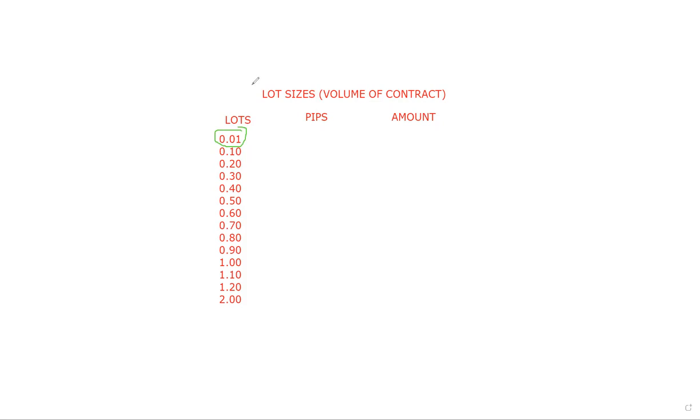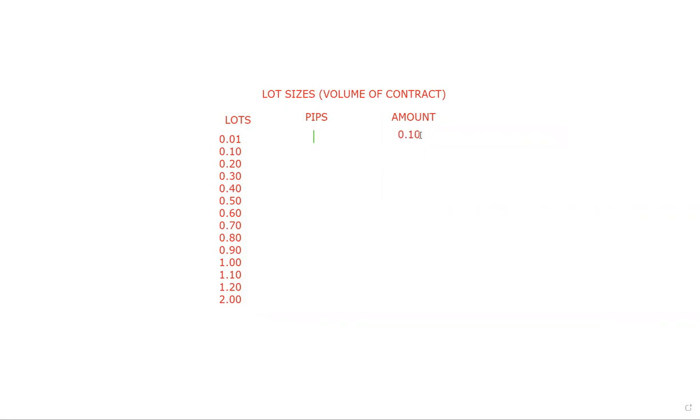Let's see the value of these lot sizes in real amount. Assuming we are using Euro USD or GBP USD, if you use a lot size of 0.01, one pip will be equal to an amount of 0.10 cents.